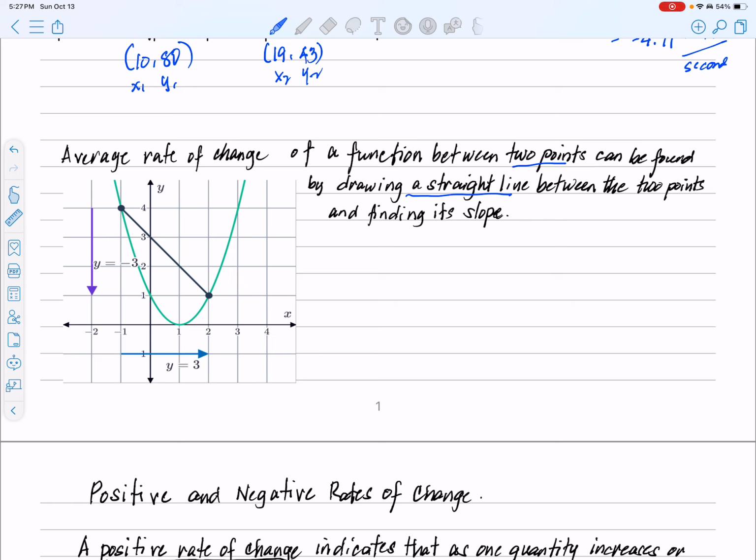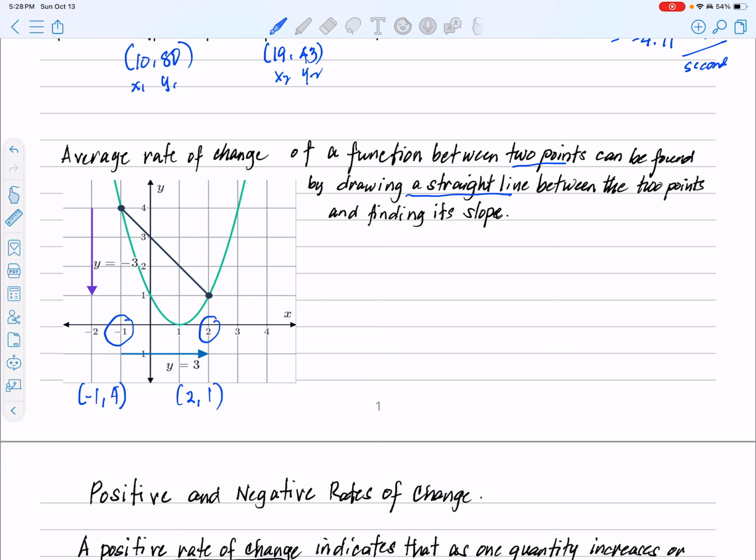So let's say, for example, we can see in our line here that our first point, when x is negative 1, the output is 4. When it's 2, we have the output as 1.